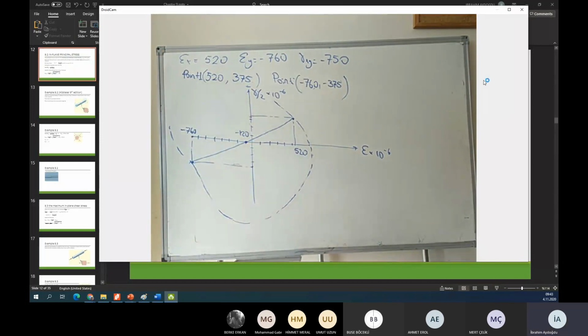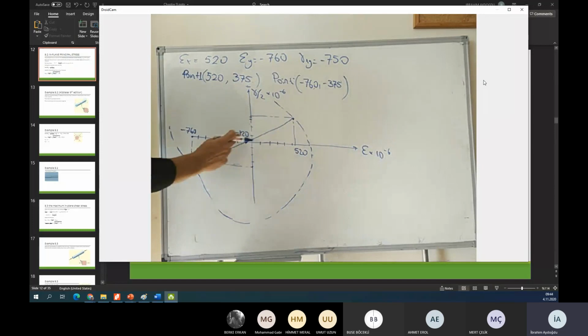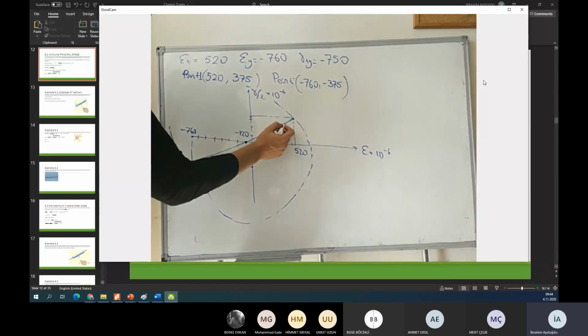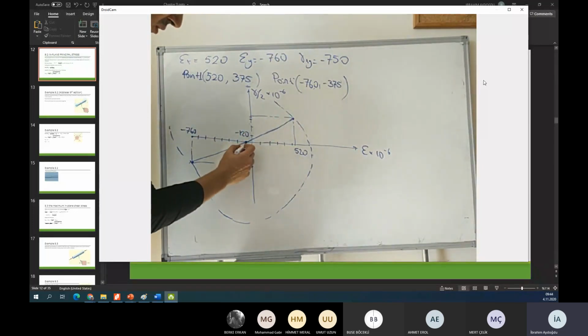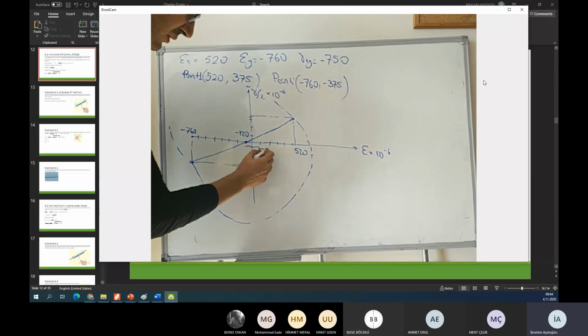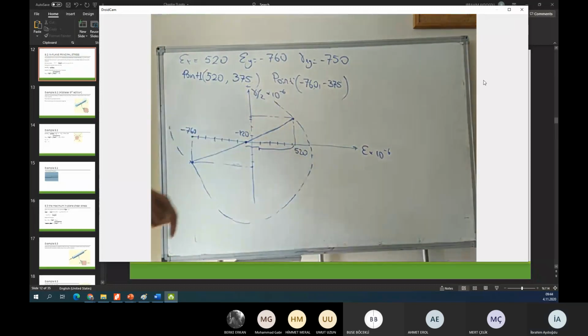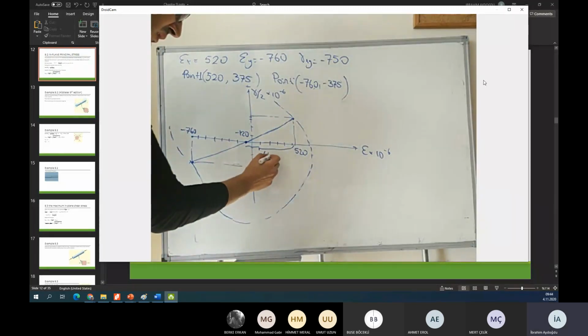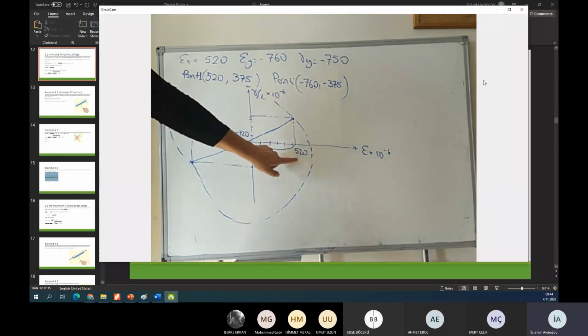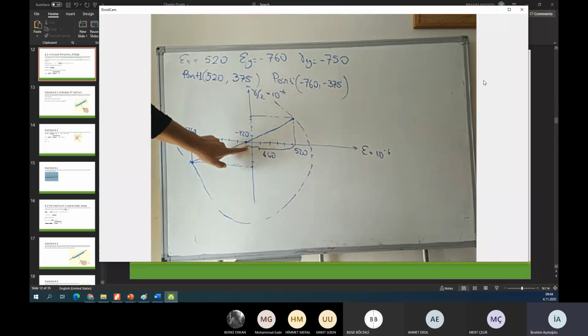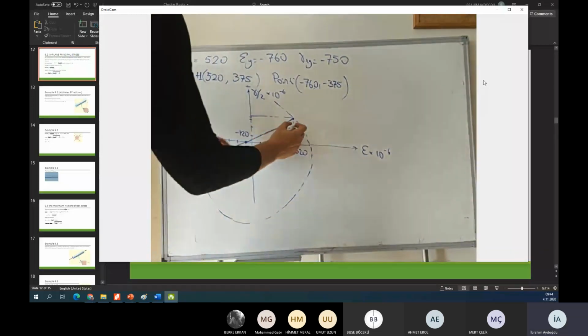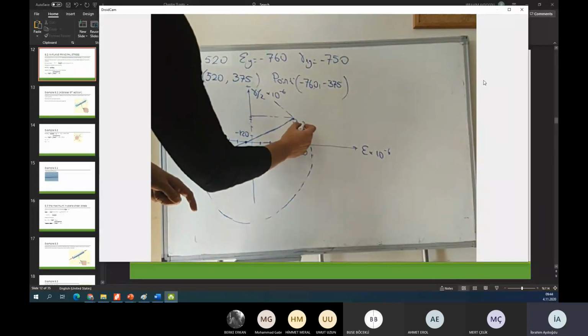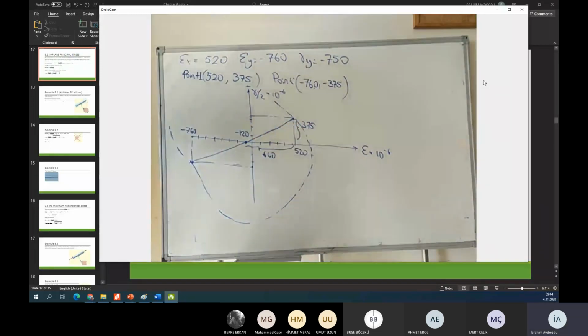Which triangle do you want to use, this triangle or this triangle? I think you can use this triangle. This length is, I think, 640: 520 plus 120, okay, 640. Also, you remember that this length is 375.